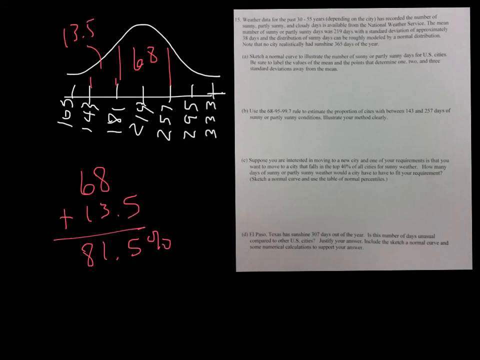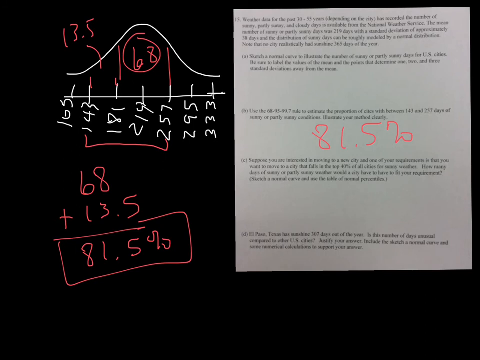In part B, it says use the 68, 95, 99.7 rule to estimate the proportion between 143 and 257. Well, we're using the 68% and only half of the 95%. So the 68 plus the 13.5 gives you 81.5%.